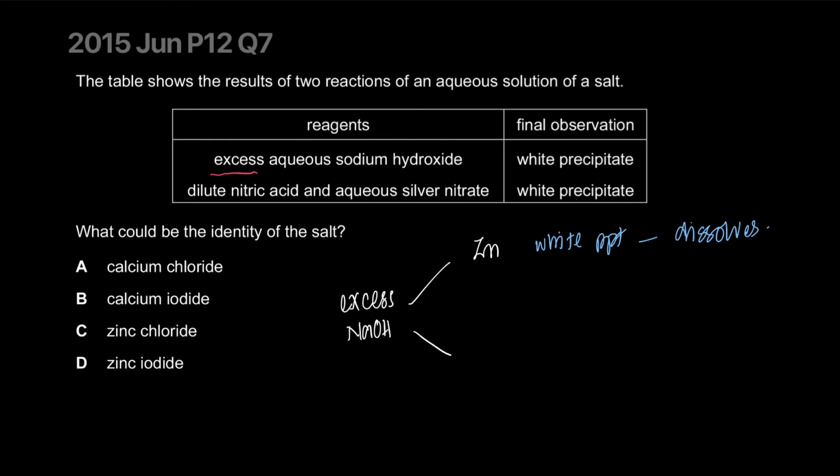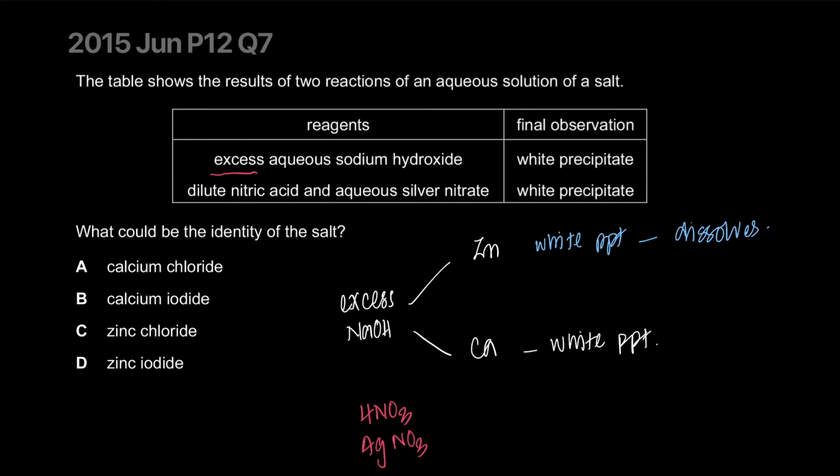So calcium ions just give you a white precipitate. And the other one is testing with silver ions for the iodide and the chloride ion.